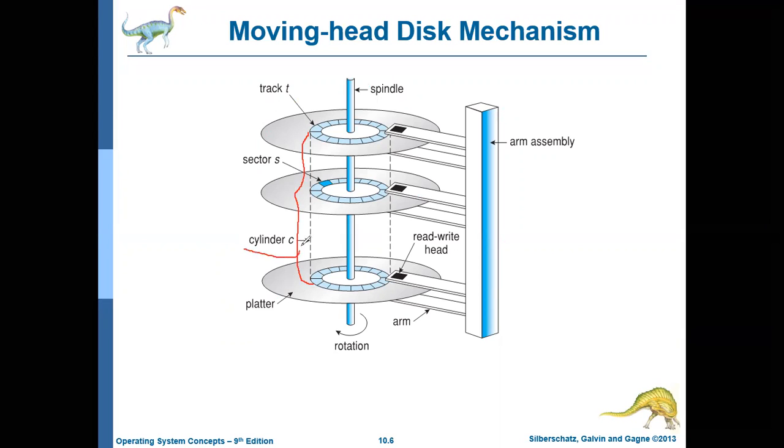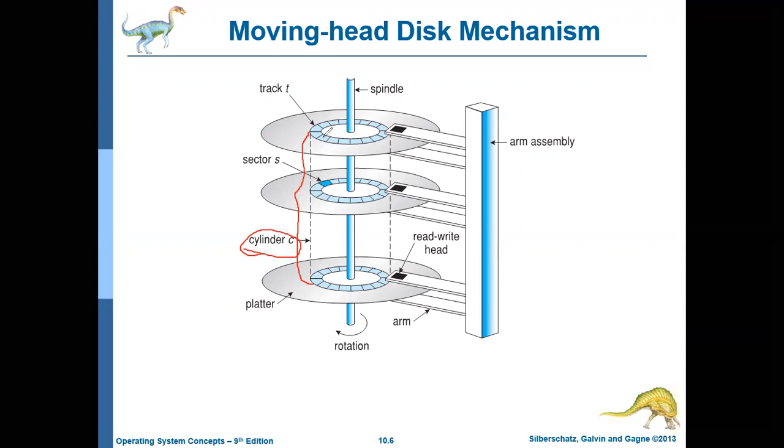Okay, the respective tracks of all the platters put together is called the cylinder. So this is one cylinder. Similarly, this entire thing is one cylinder.